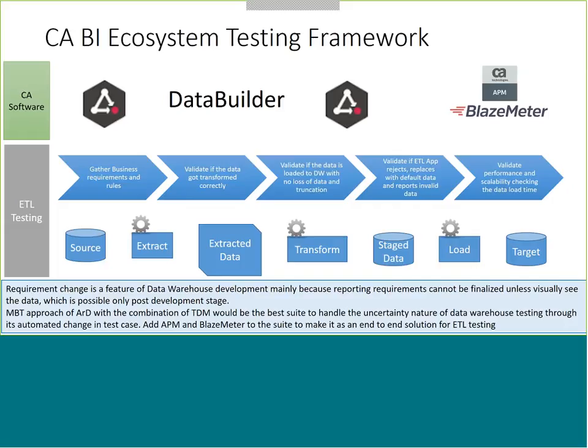So there's a lot of commonality, and with the CA tool stack, what we're doing is creating that tool chain, so you can help people build the requirements for performance testing, and the reality is you need to do a lot of this in parallel. Typically you're gathering business requirements, modeling the business requirements, and validating the data's been transformed correctly.